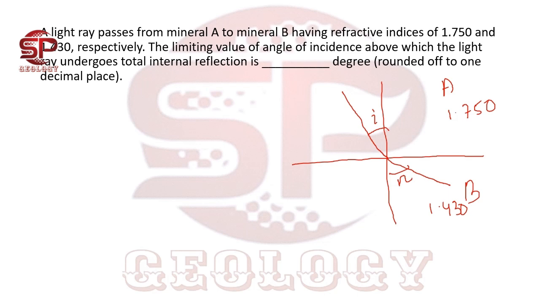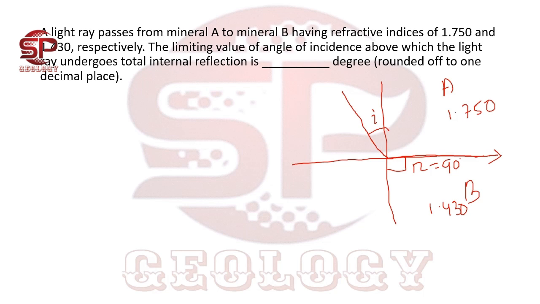So the limiting value, the angle of incidence above which the light will undergo total internal reflection. So for total internal reflection, the angle of refraction will be 90 degrees. In that case, the incident angle is called critical angle.